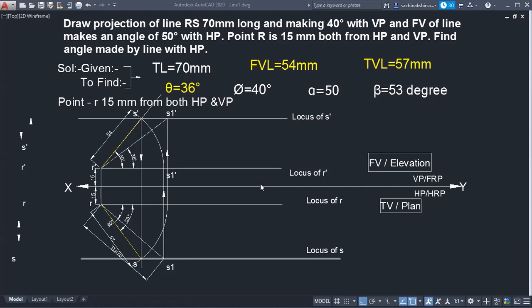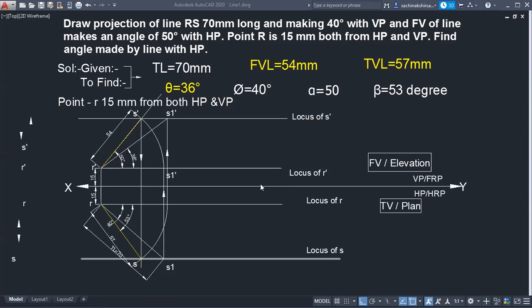Shall we go next? Yes, sir. You can form your own problem and you can solve. One important logic I will tell here, as far as apparent length and true length, and apparent angles and true angles are concerned.